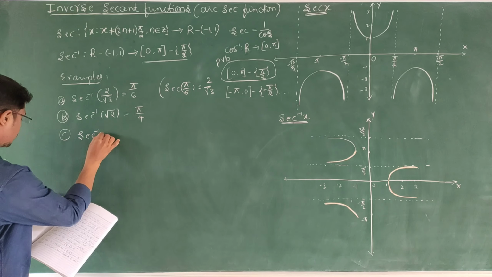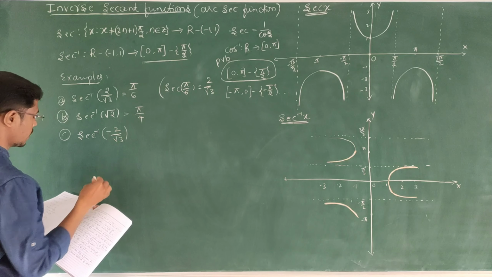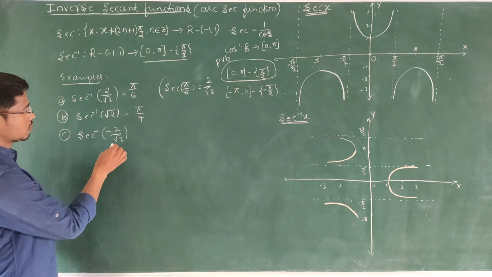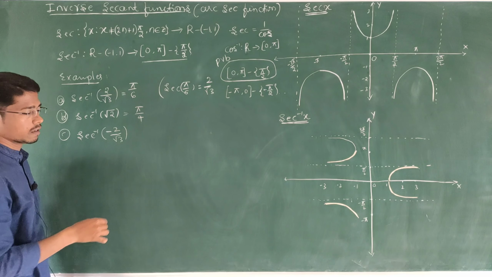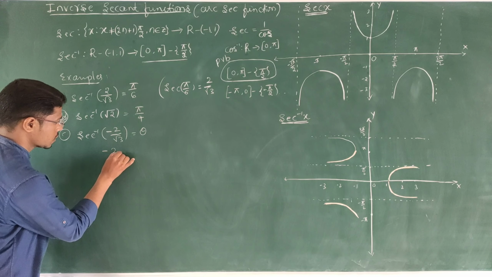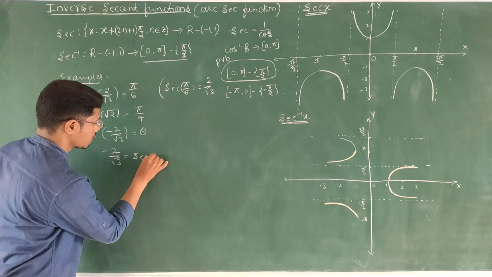Sec inverse of minus 2 by root 3. How will it be defined? As we know, whenever minus comes inside, consider it as theta. Minus 2 by root 3 is equal to sec theta.